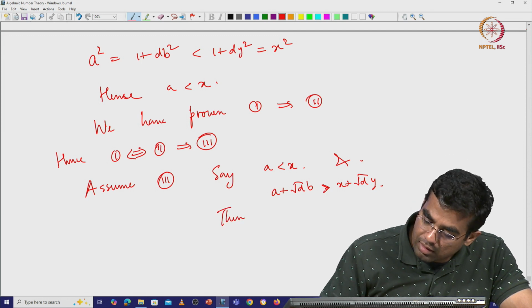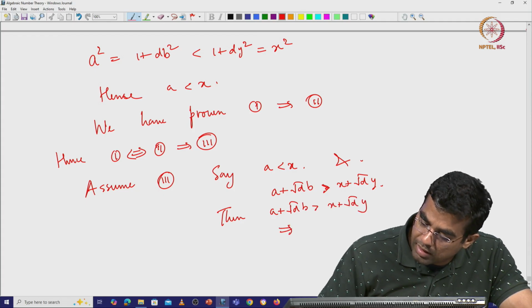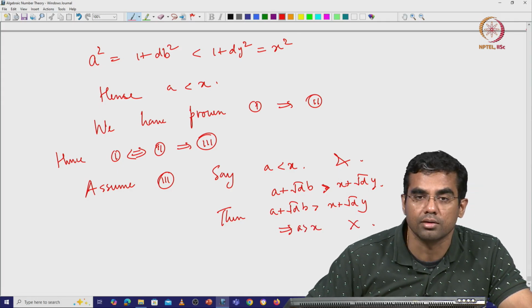Then a plus square root of d b bigger than x plus square root of d y implies that a is bigger than x. So, that is a contradiction.